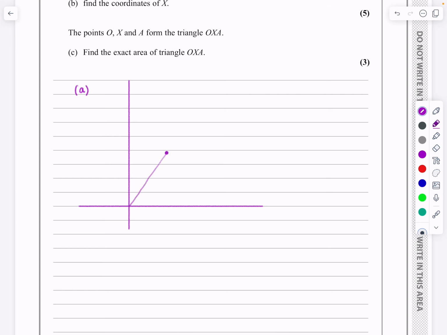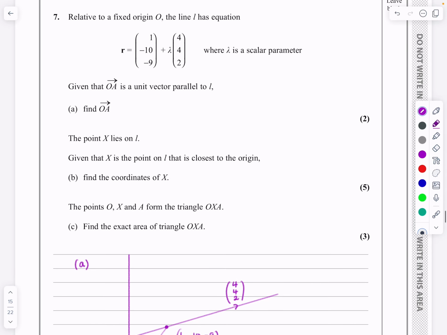So what we've got is some point here, (1, -10, -9), and then my line passes through that point and is parallel to the vector (4, 4, 2) here. That's a very crude diagram, but pretty much explains both of those 2 parts of my equation.